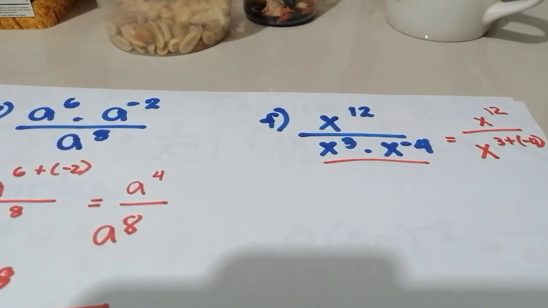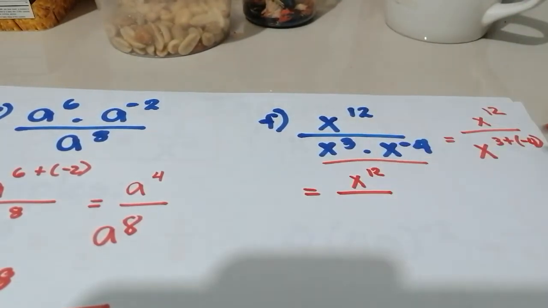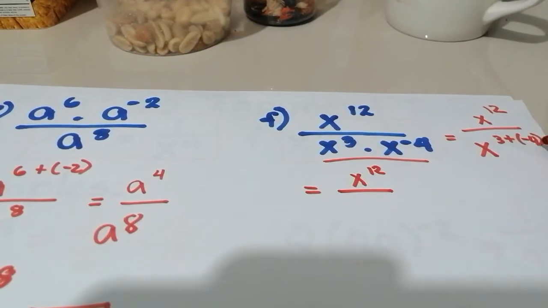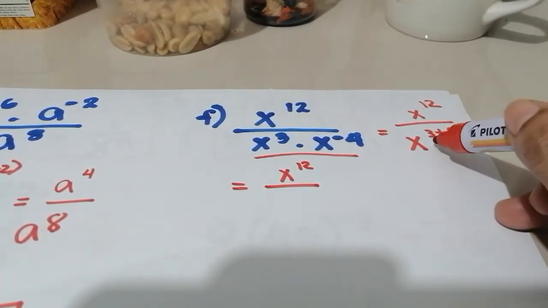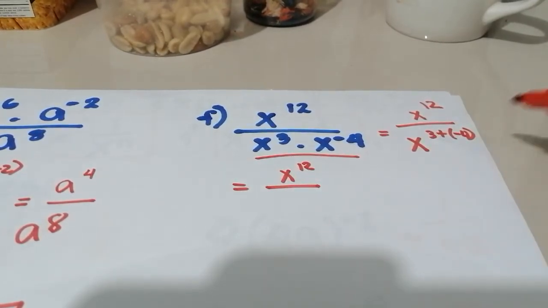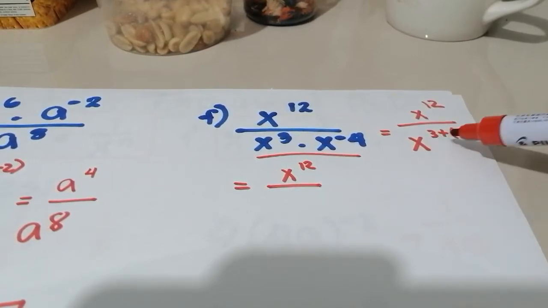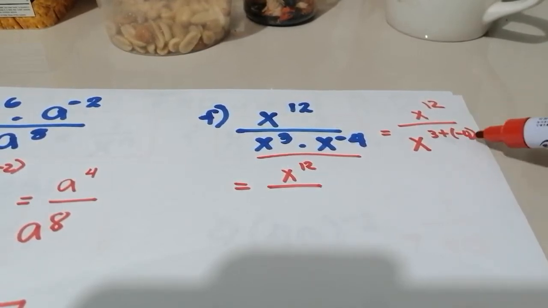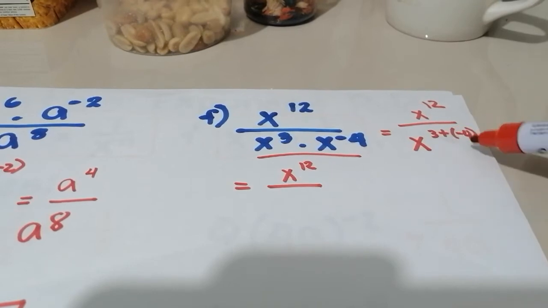Okay? But take note, pag sinimplify natin yan, kokopyahin lang natin yung x raised to the 12th power dito. Tapos, 3 plus a negative 4. So, since the exponents have different signs, meaning we are going to subtract them instead of adding. Okay, so 3 minus, or plus negative 4, so that will be negative 4 minus 3.